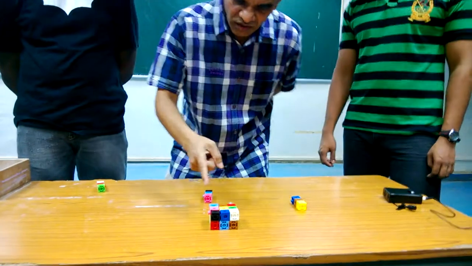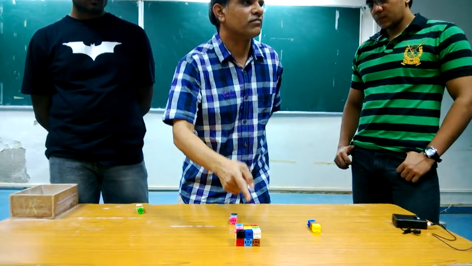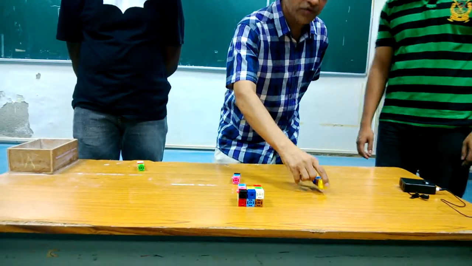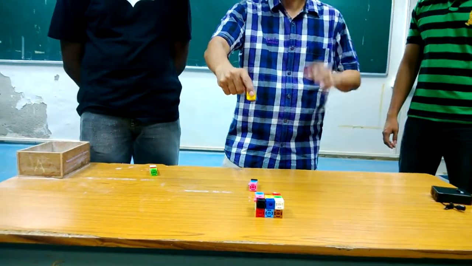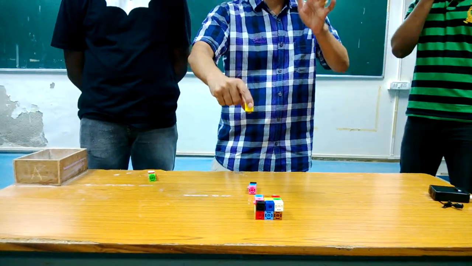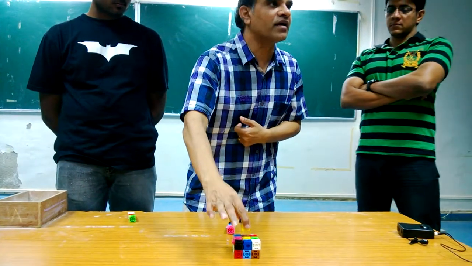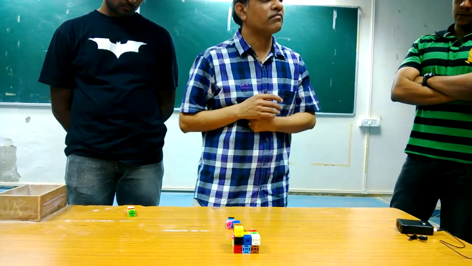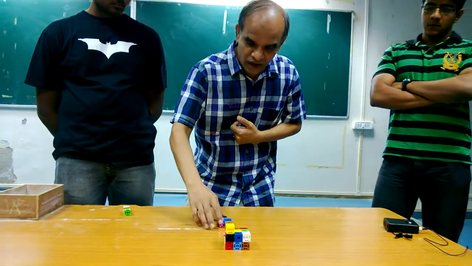Again you see all colors, all sides. Then come to the third. I take up this, you know where I have to put it. You can understand where I am going to put it. I don't put it in the front, I don't put it in the second, I'll put it in the third. I'll take the second one.